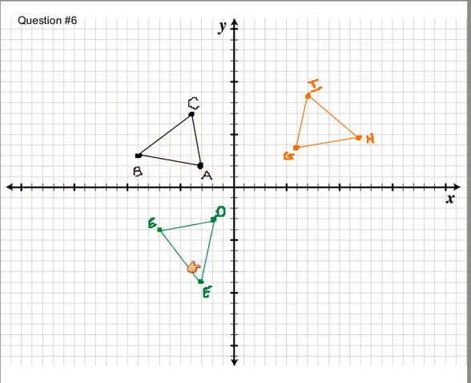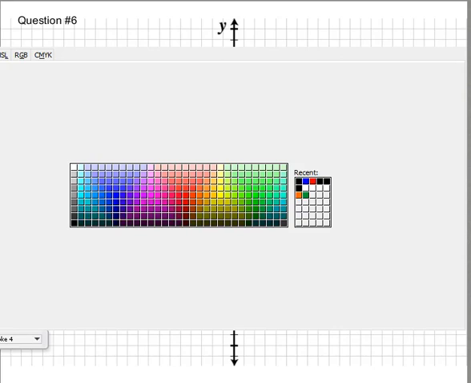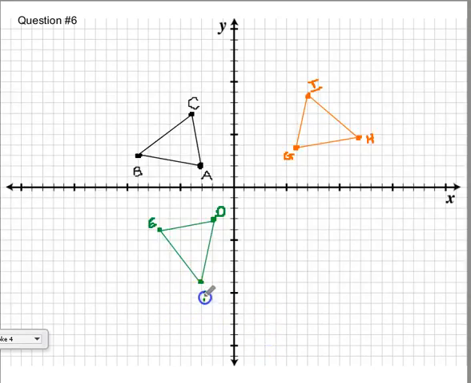I'm going to go ahead and solve one of those right now for you, and then you can figure out how to do the other one. Now remember, if you use orientation, that will help you determine if it's a reflection or a rotation.